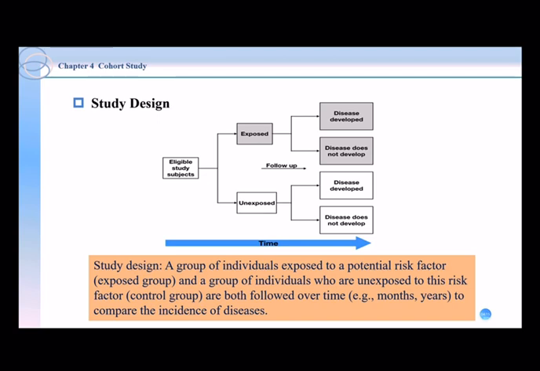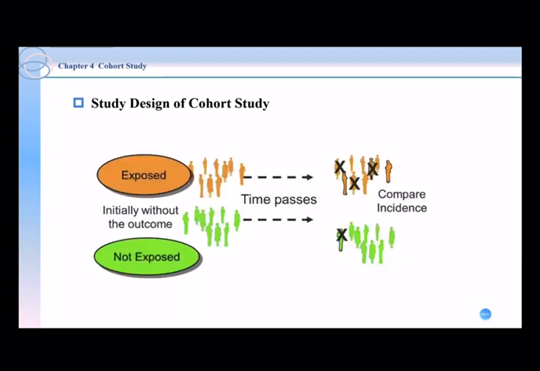We follow up these two groups for a certain time, and we look at the disease incidence rate between these two groups. If we detect differences in disease incidence in these two groups, we can conclude that the exposure factor can be a potential risk factor for the disease. So this is the basic study design for the cohort study.